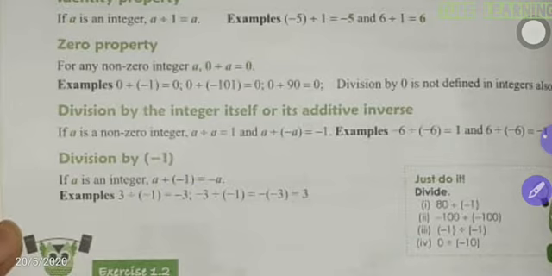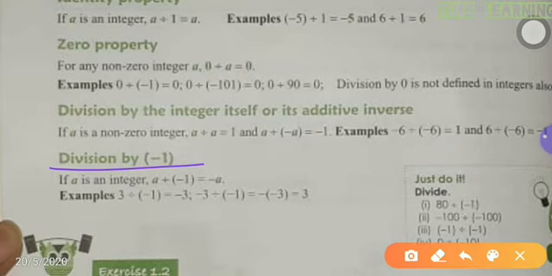Next property: division by minus 1. If a is an integer, then a divided by minus 1 equals minus a. That means you will always get its additive inverse if you divide any integer by minus 1. Suppose minus 5.